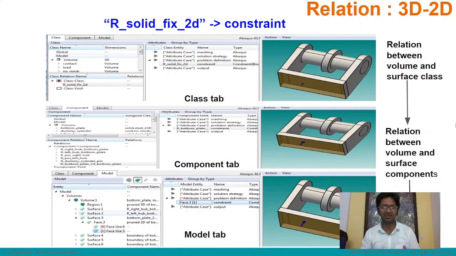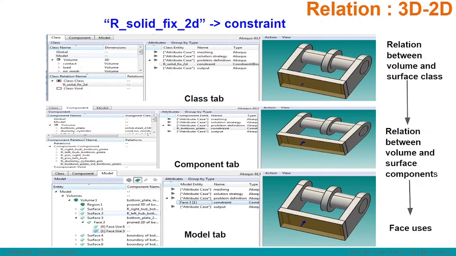The relation here is not having any specific dimension, but the abstract entity is actually a face use which is pointing towards your volume class or which belongs to your volume class. Just to summarize, the attributes specified on the relation between 3D and 2D class will get transferred onto the respective component first, and after that onto the respective geometrical entity. So in this case, it is a face use.